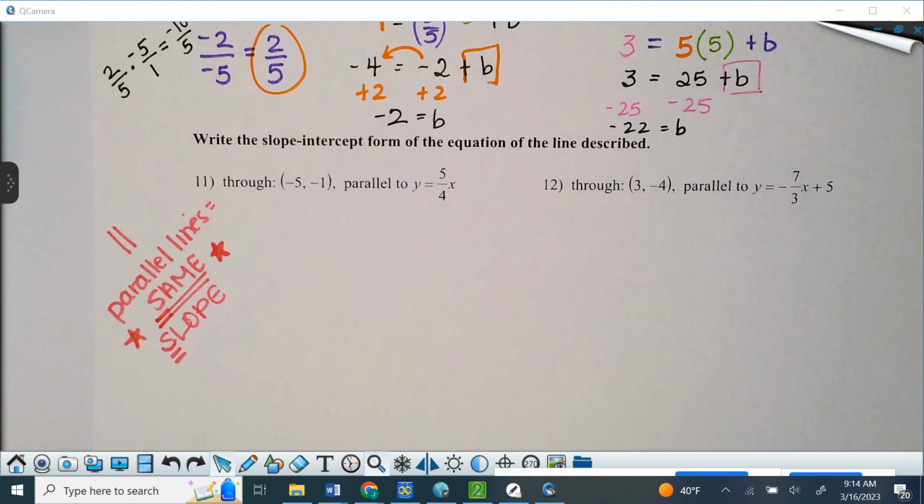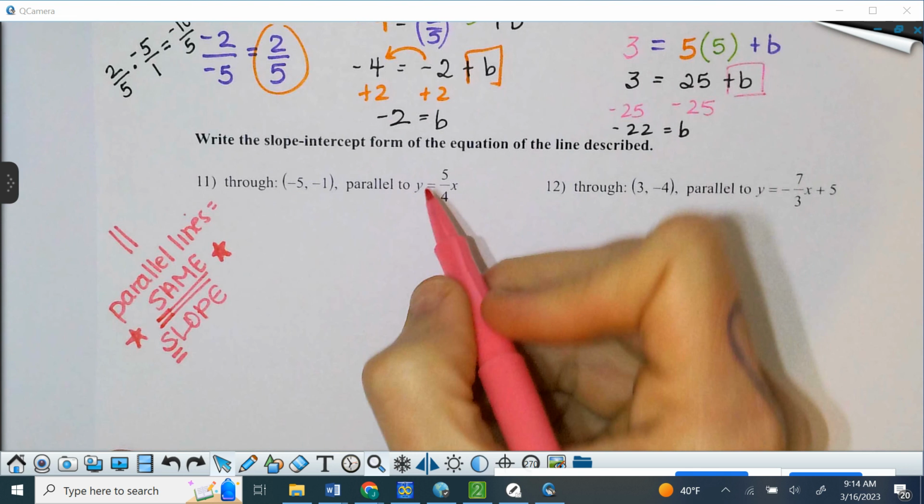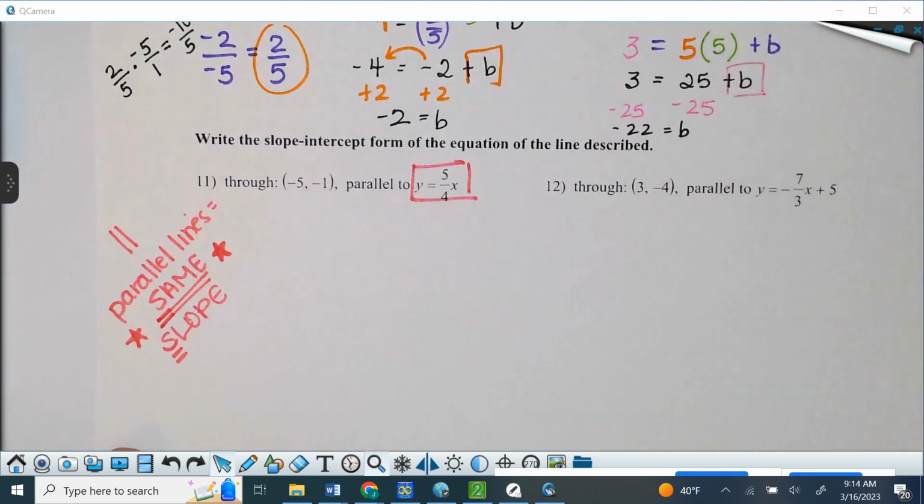Okay, so that means if I have an equation here, what is the slope of that equation that's given? So what is your m value for that equation?